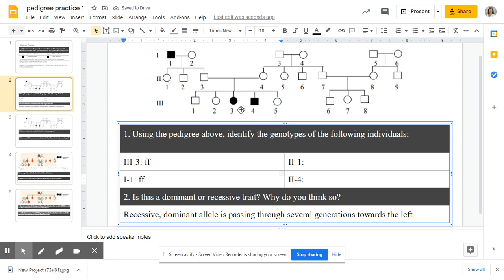Now, person 2 in generation 1, which is the person right here, we have to backtrack and figure out what possible genotype that person could have in order for someone with the recessive trait to produce children that show the dominant trait. So that means it's very likely that this particular parent probably has 2 capital letters, the purebred homozygous dominant trait.